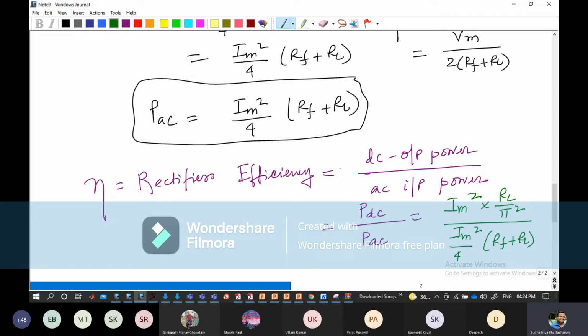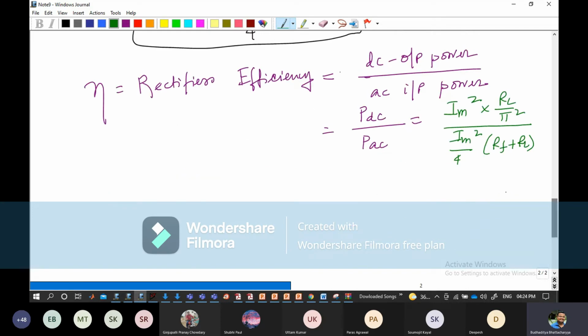Based on that, we found out IDC. Similarly, we wanted to find the AC power. For that, we found that the AC power can be computed similarly, and we can find IRMS. IRMS is nothing but the AC equivalent of the current. So based on that, we substituted PDC and PAC.